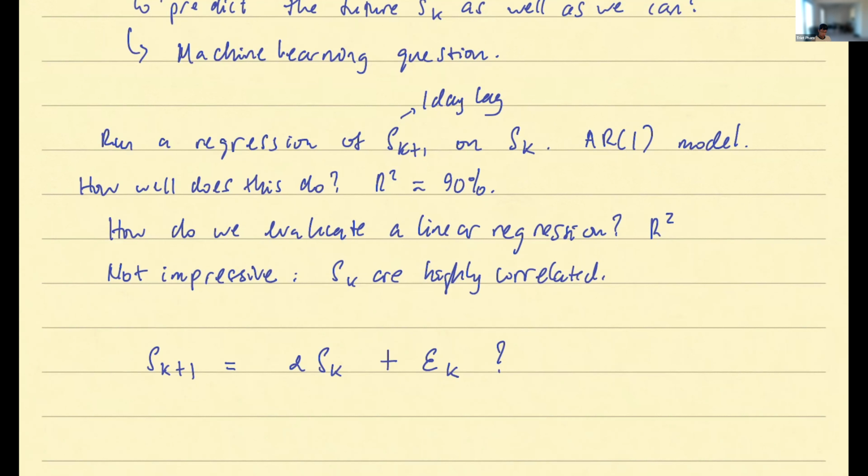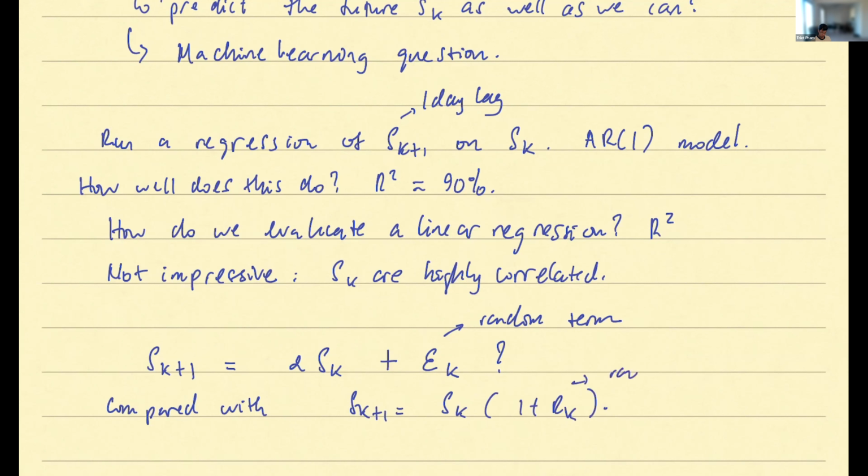So you know what I'm trying to say, right? Basically, this is the random term. This compares with your model, the binomial model, and this is the random term, and this is just a coefficient from the AR1 model.